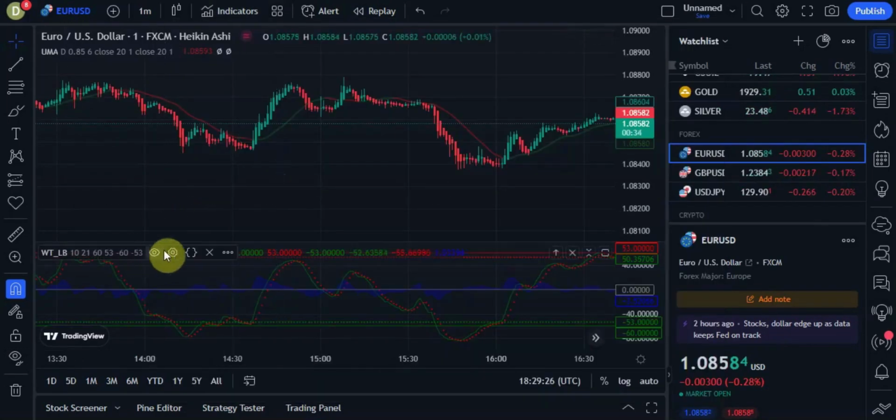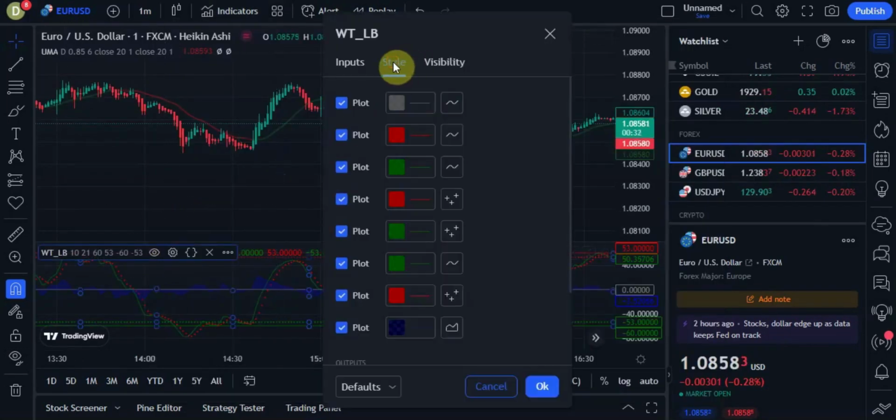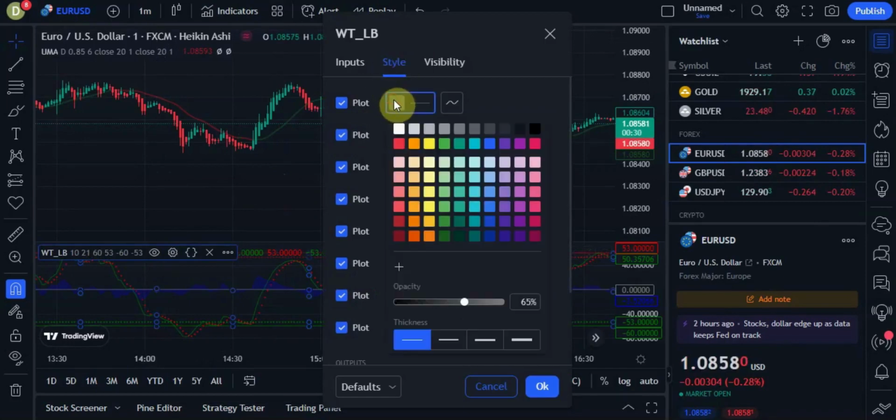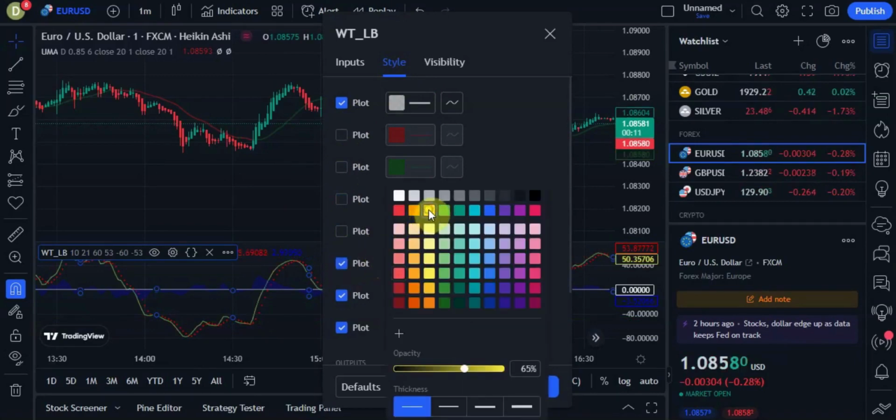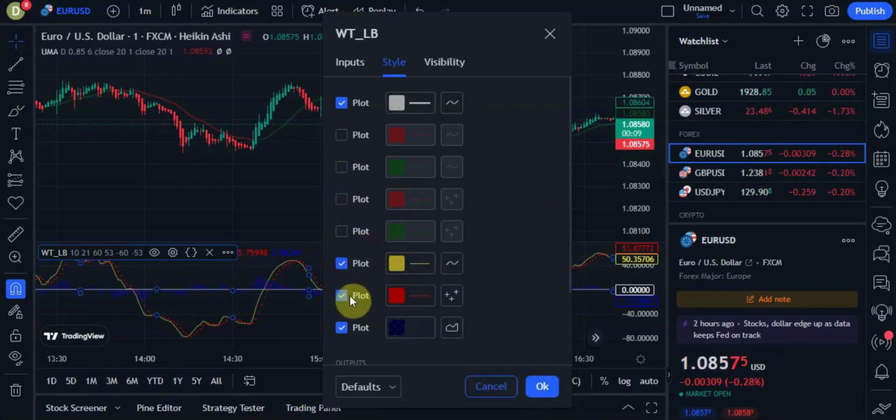And then let's go to Settings, and then Style. And we're just going to change the color of the first plot here to white. And then we're going to uncheck these next 4 boxes here: 1, 2, 3, 4. And for the 5th plot box, we're just going to change the color to yellow. Okay. And we'll also uncheck the next 2 plot boxes here.